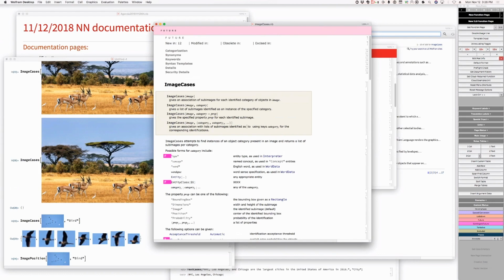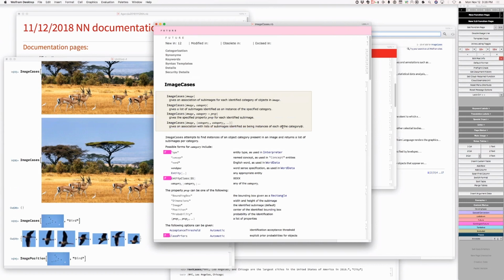Wait. Identified as being instances of each of the category I. Is that right? Yeah. Of each of category I. Yes, that's correct. Okay.